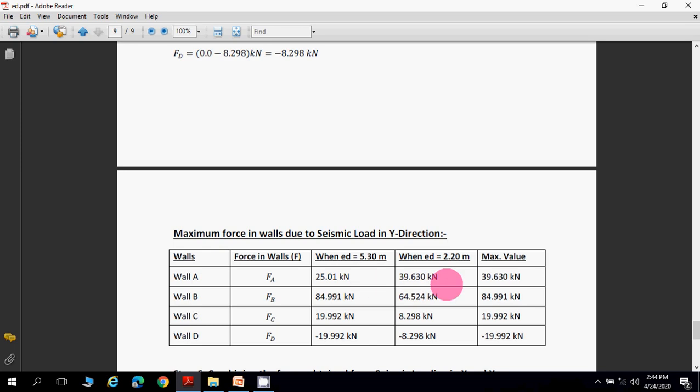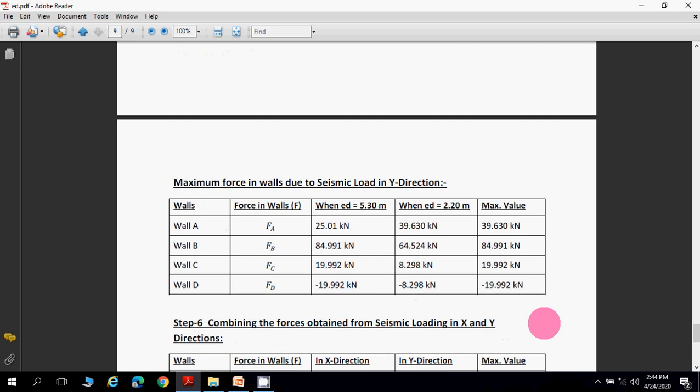So for wall A, the maximum value is 39.630 kilonewton. This is the design value, and for wall B it's 84.99 kilonewton. For wall C it's 19.992 kilonewton, and for wall D it's 19.992 kilonewton in the negative.